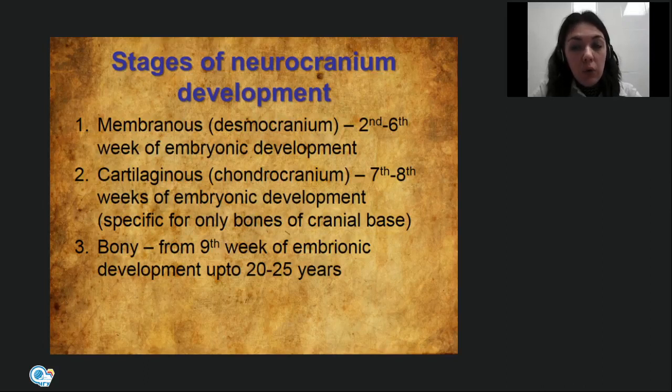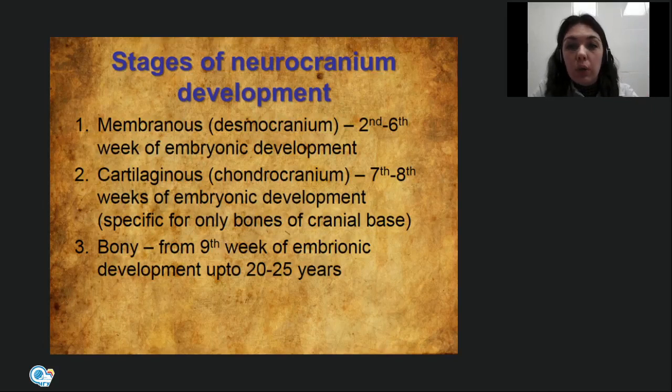In endochondral ossification, bones are formed through a transitional cartilaginous stage. Mesenchymal cells first form a cartilaginous model, and then cartilage is substituted by bony tissue.